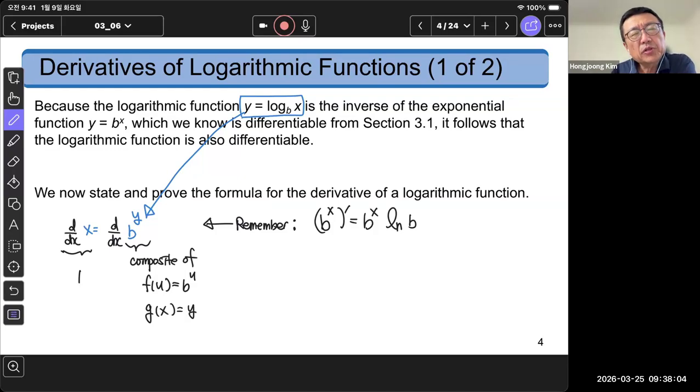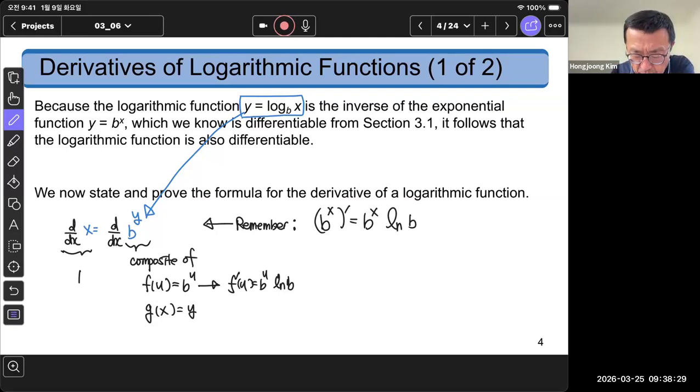So when I differentiate the right hand side, I need to apply the chain rule because we have the composite of two functions. And please remember that if f of u is b to the u, then f prime of u will be b to the u times ln b.